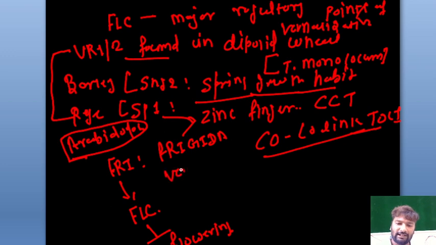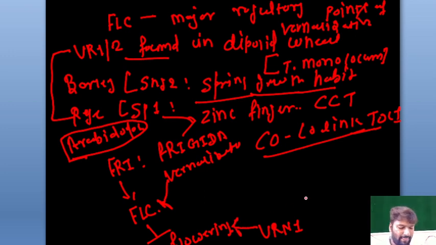Also the vernalization process inhibits the FLC gene, and the VRN gene, VRN1, also activates the flowering process. So this is about that.